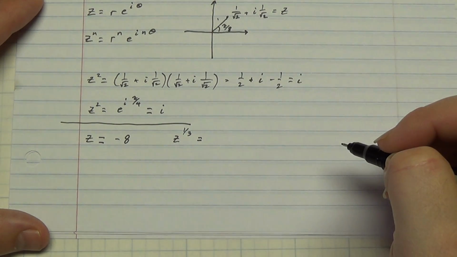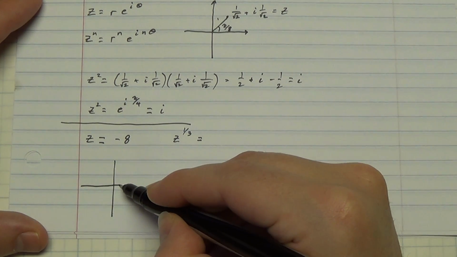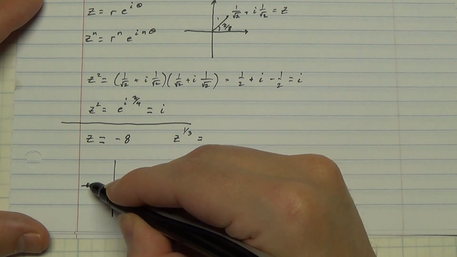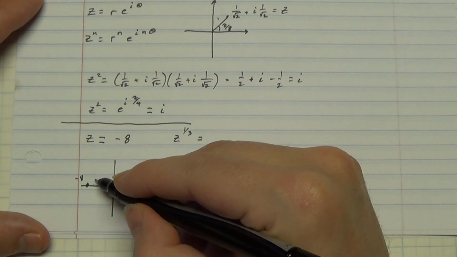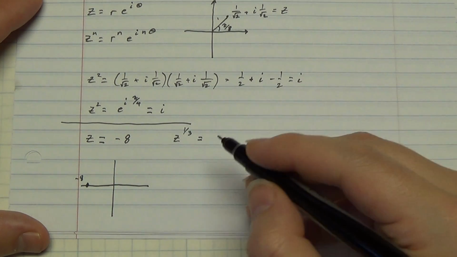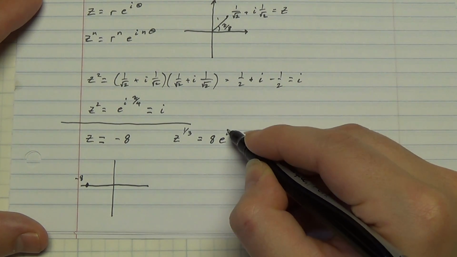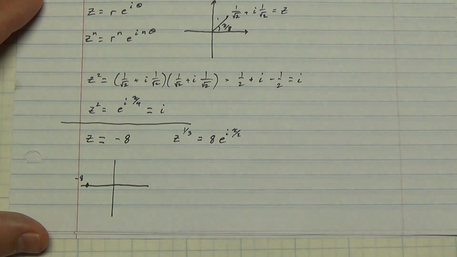So, what is -8 in the r theta form? -8's way out here. That's a half of a turn, and the magnitude is 8, so 8 e to the i tau over 2.